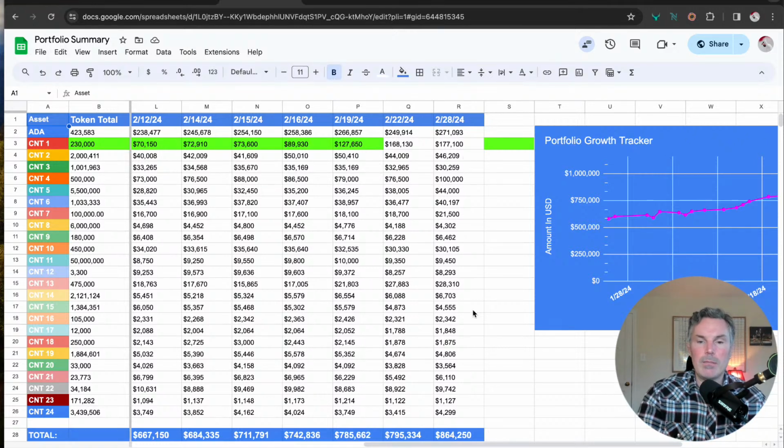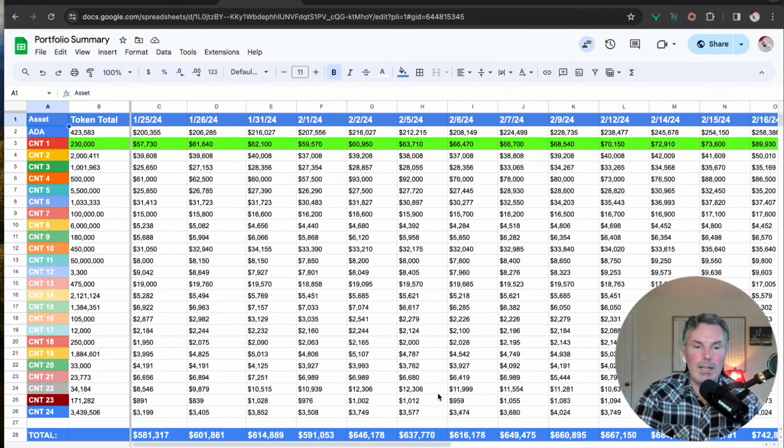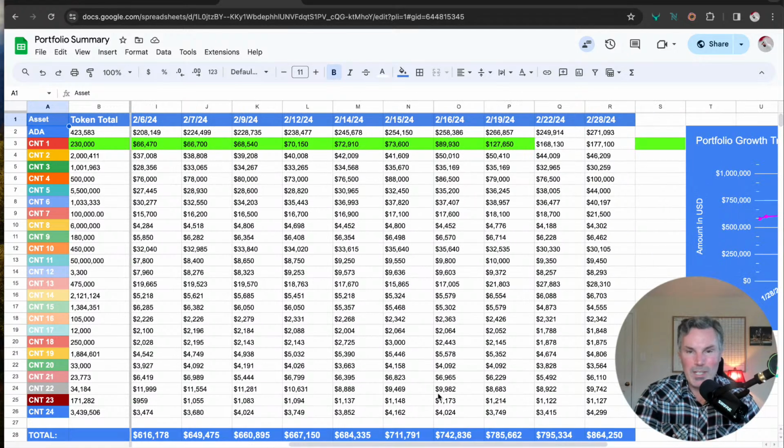Markets are rising. There's been steady growth. We're very fortunate and happy to see some steady growth. And today's number, $864,250. That is over a $300,000 gain in just over 1 month.